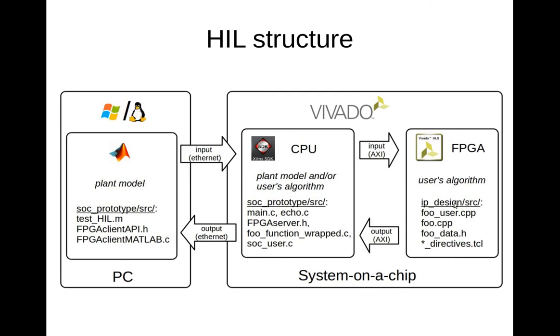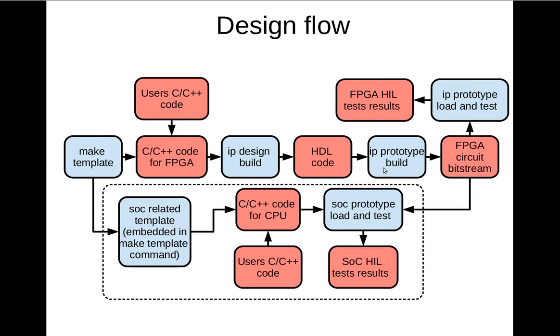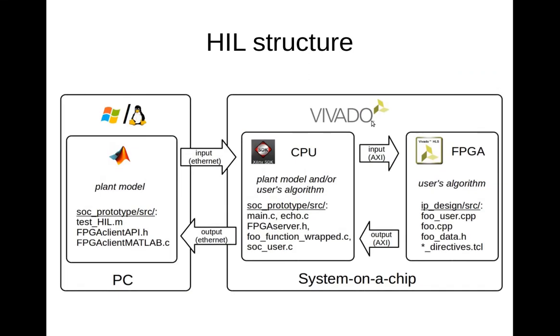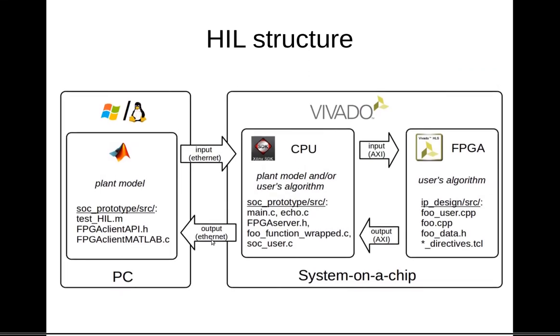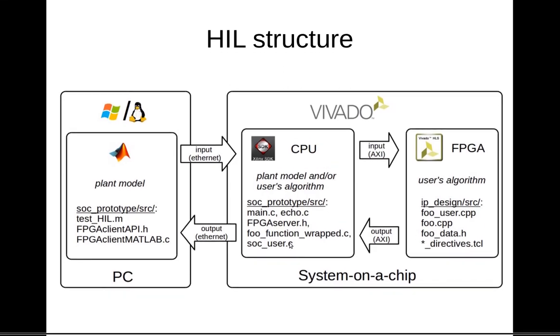And IP design build command, what it did, it converted our C code into HDL code. Then we called IP prototype build command. IP prototype build command created Vivado project and converted this HDL code into actual circuit that involves FPGA and CPU.